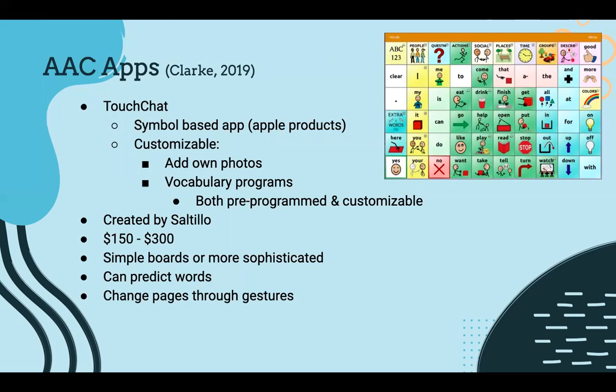The boards can be simple or more sophisticated, and one really nice thing about it is that it can predict words to cut down navigation time. You can also change pages through gestures, which some people find frustrating because they can accidentally do the gesture and the page will change.